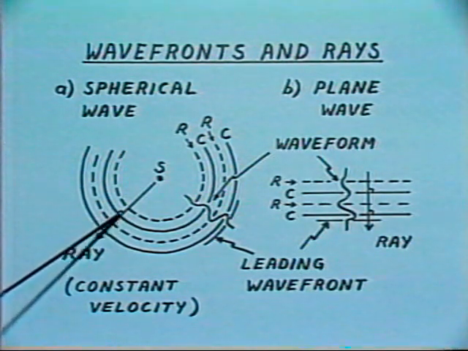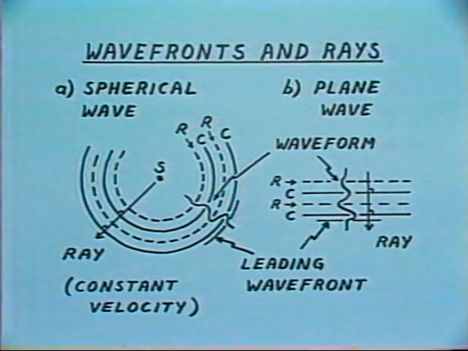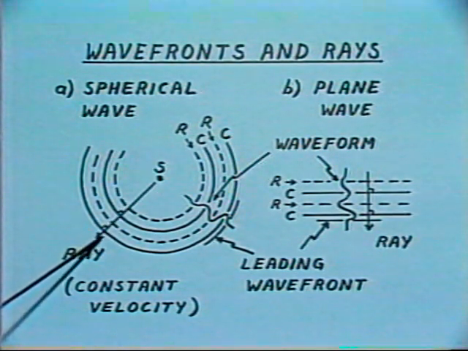Or strictly speaking, it's perpendicular to the tangent to the wavefront at a particular point. So in the case of the spherical waves, a particular ray would simply be a straight line traveling out from the source.